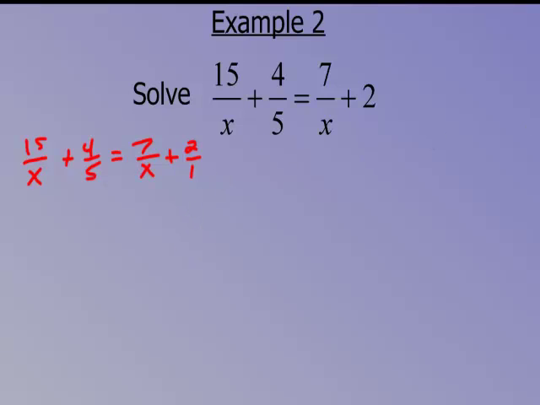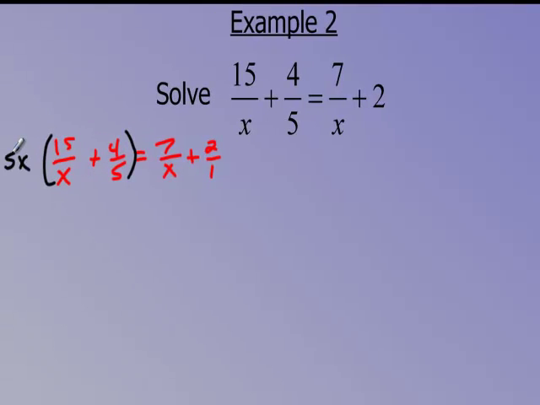So in this case, our least common denominator is going to be 5x, looking at all their denominators here. So I'm going to multiply this side by 5x, and I'm going to multiply this side by 5x, kind of like so.